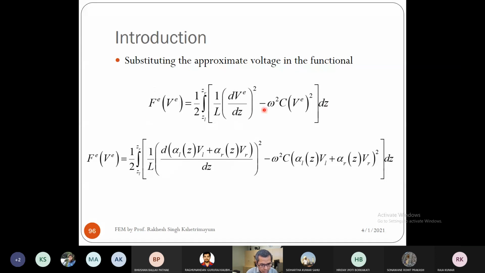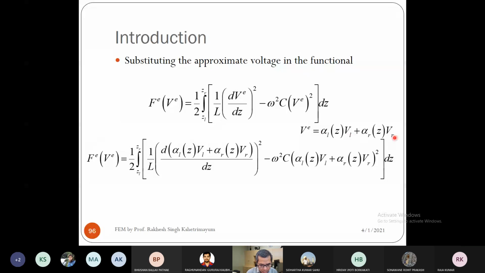So now the approximate expression for potential is expressed in this form: alpha L BL plus alpha R BR. L here means left, R here means right.